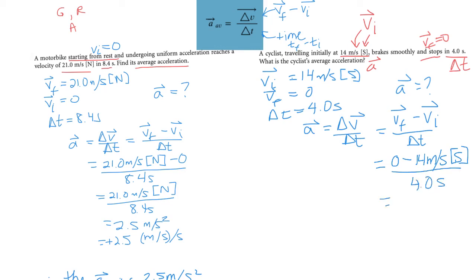So when I do the subtraction, 0 minus 14 is negative 14 meters per second south. And this all happens in a span of 4 seconds. So my acceleration is actually going to be negative, and it's going to be negative 3.5.